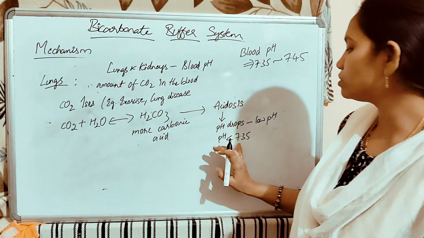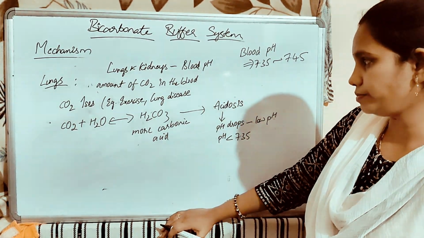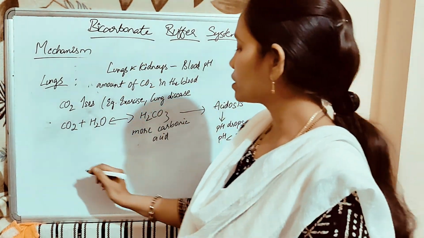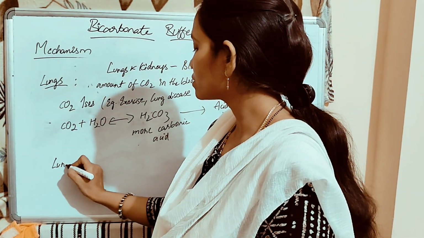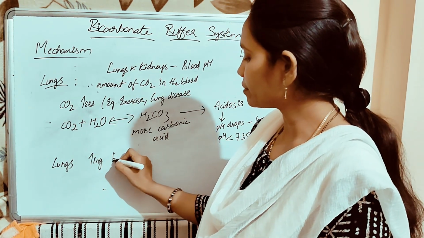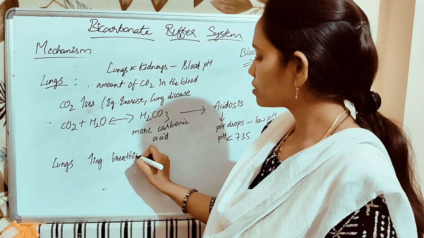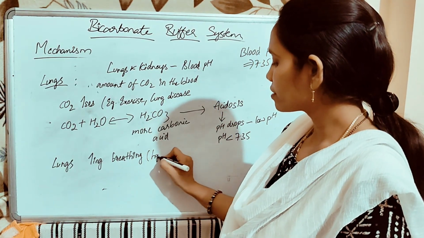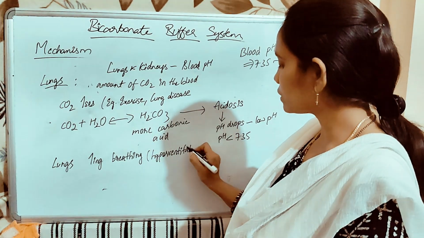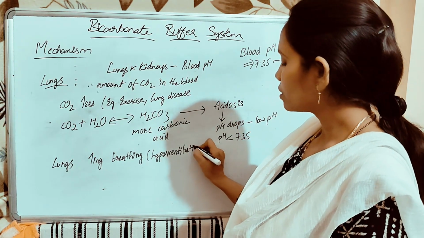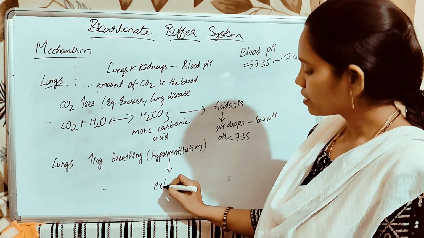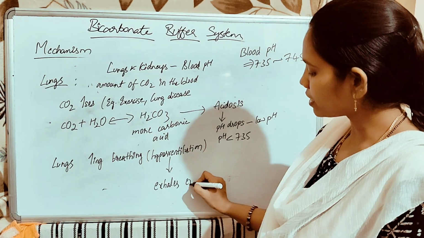So here, in order to resist this change, what does this bicarbonate buffer system do? Let's see. Here the lungs respond by increasing breathing. We call it hyperventilation also. Through this, it exhales or releases extra carbon dioxide.